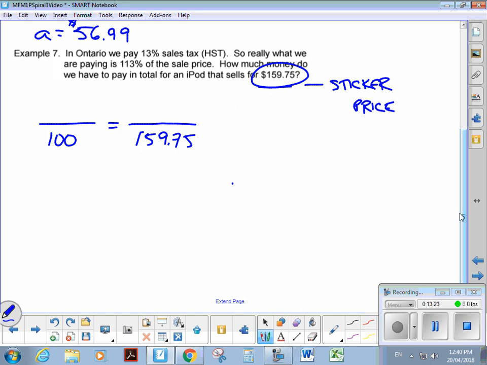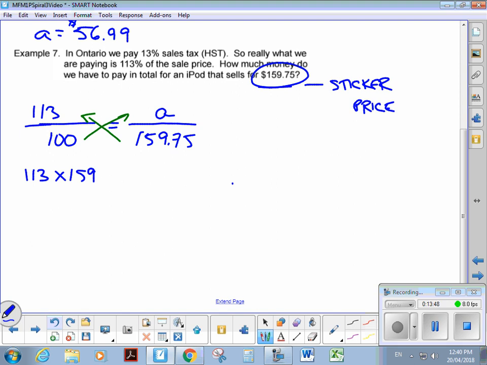When we pay taxes, we pay 100% of the price plus 13%, okay? So I'm just going to write that as 113. We have to pay another 13% on top, and we're looking for that final value. So again, our bulletproof method that always tells us what to multiply and divide.